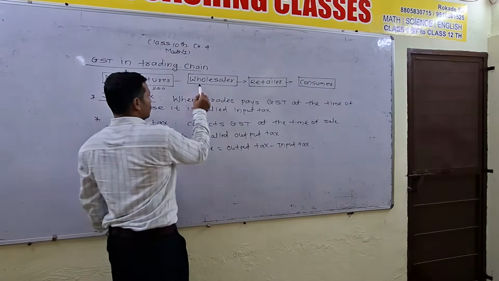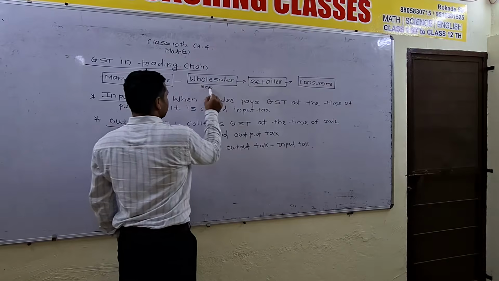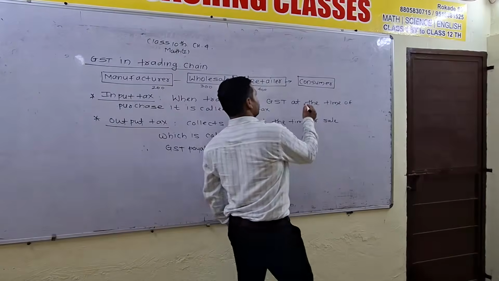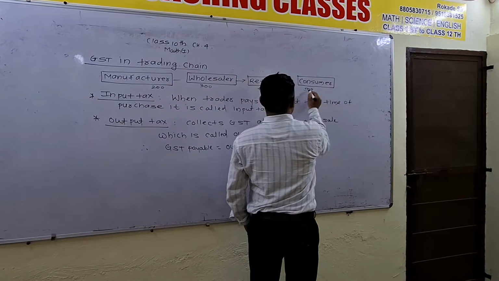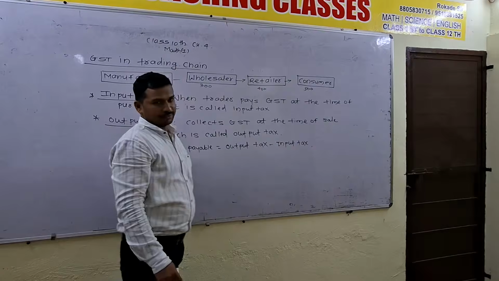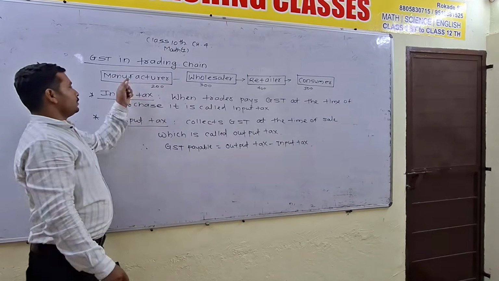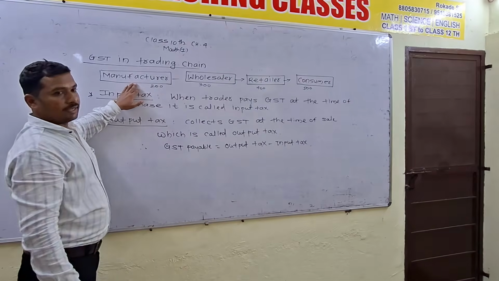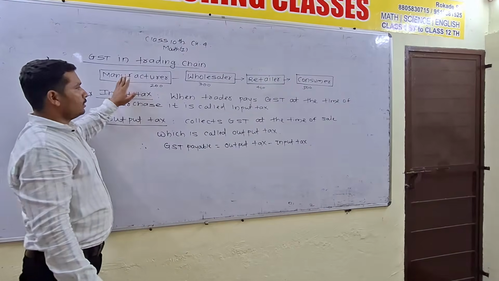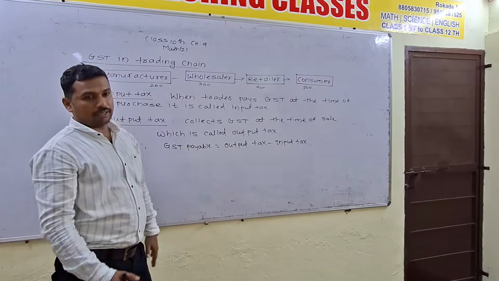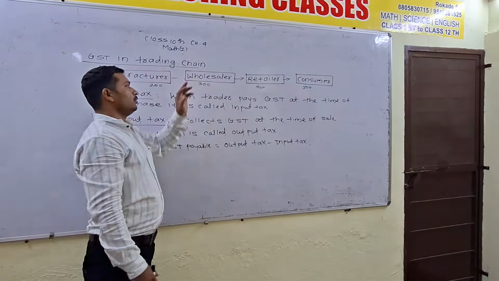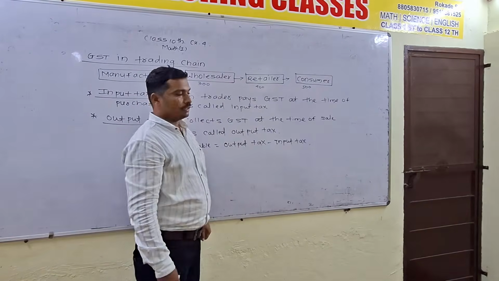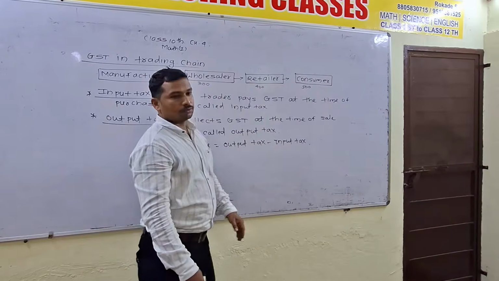The wholesaler buys it for 300 rupees, the retailer buys it from the wholesaler for 400 rupees, and the consumer buys it from the retailer for 500 rupees. The manufacturer only manufactures the goods, which the wholesaler takes in large quantity. The wholesaler sells to the retailer and the retailer sells to the customer.